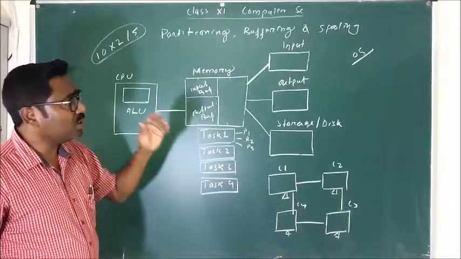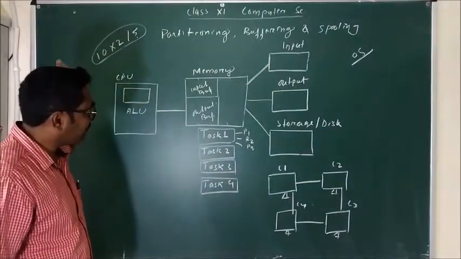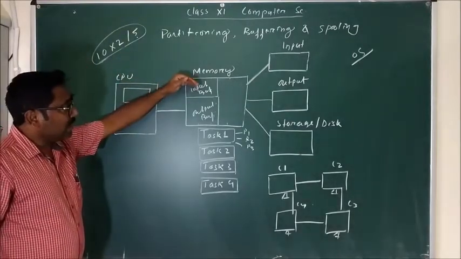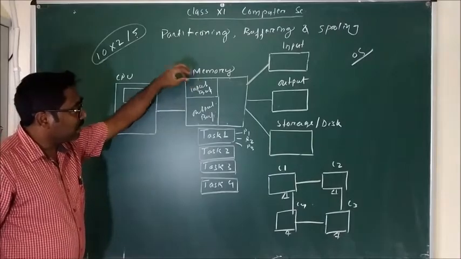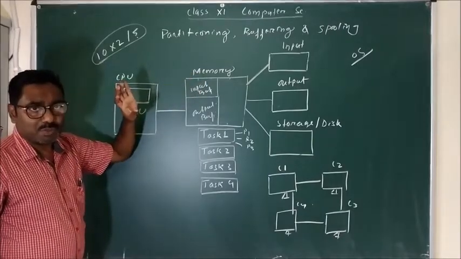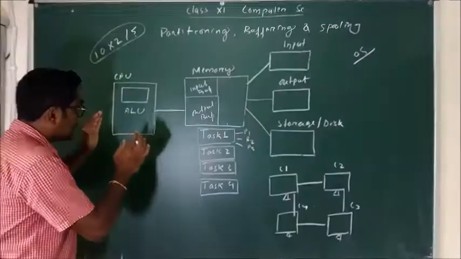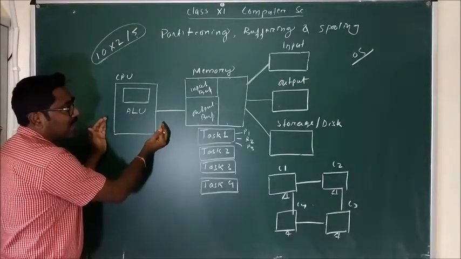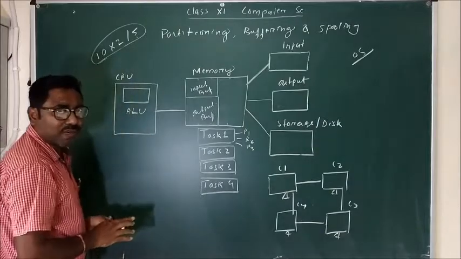Whenever it needs to interact with the input or output device, it will take the data from or put the data into the input buffer or the output buffer. Because the speed of the CPU is much higher than the speed of the input and output devices.